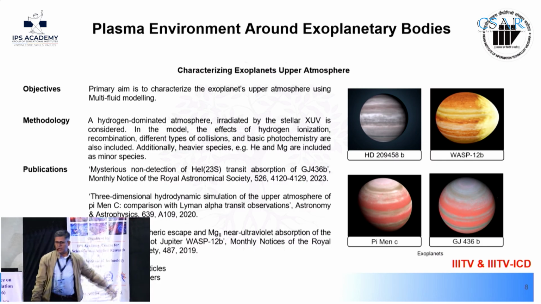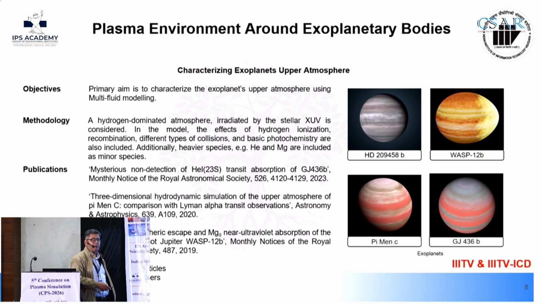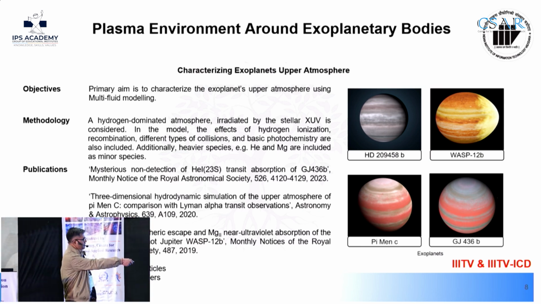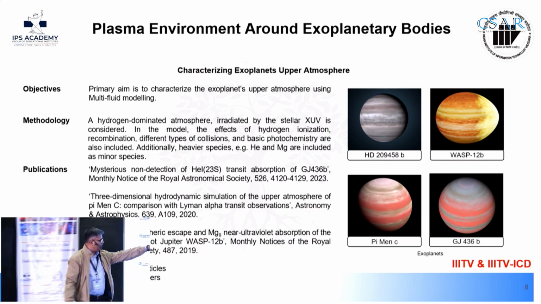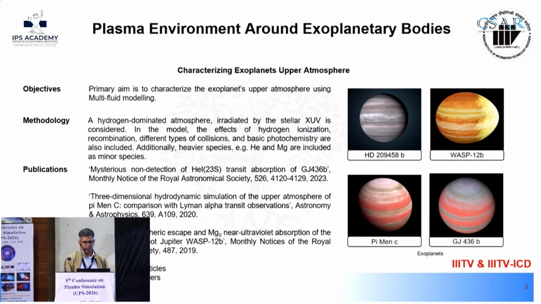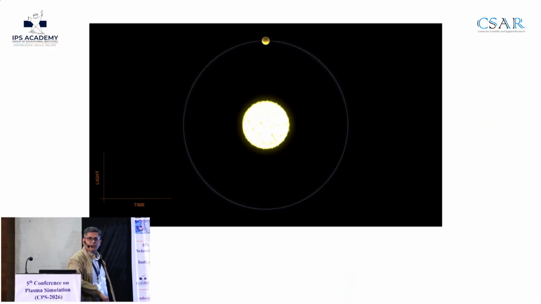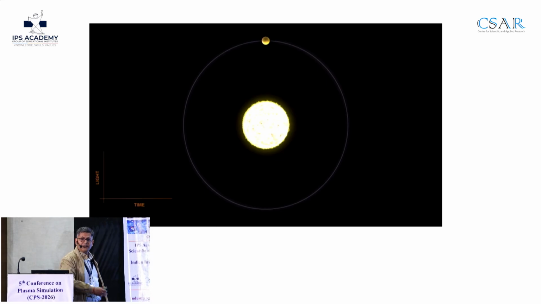Some of the results are already published, but here I will only discuss a particular exoplanet, WASP-12b, which you can see at the very right. WASP-12b was first detected using optical photometry, a ground-based measurement.